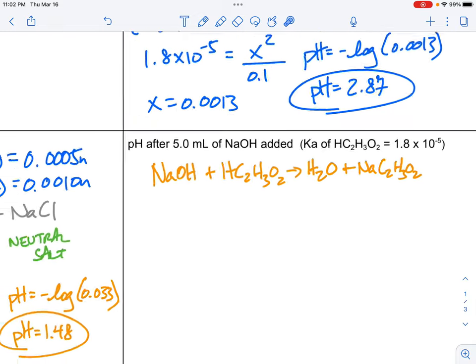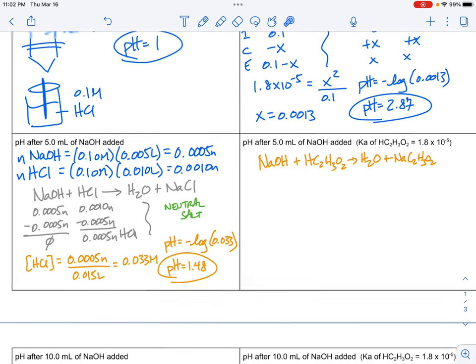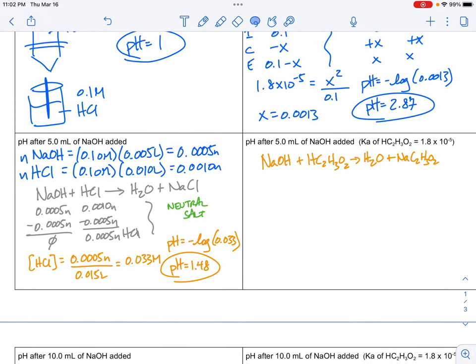All right, let's take a look at our numbers. Even though we are dealing with a weak acid here, the amount of moles that we have to start out with is the same, because our molarity and our volume is the same. And our moles of base are the same because we've added the same as well.